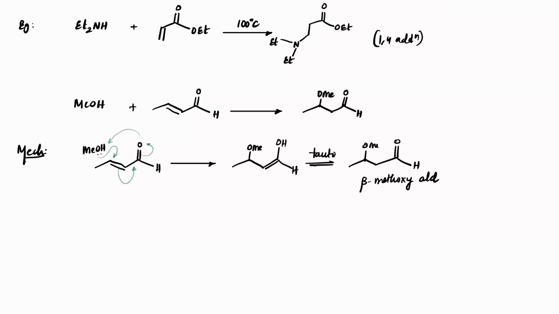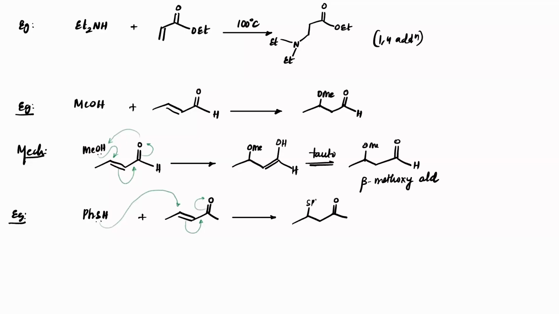Another example: thiols, let's say PhSH, when you react with an aldehyde like this. This is also a good nucleophile, but not something with a very strong negative charge. If it rearranges, the final product is that this ketone will be the same, but SPh will be present. That is 1,4 addition.